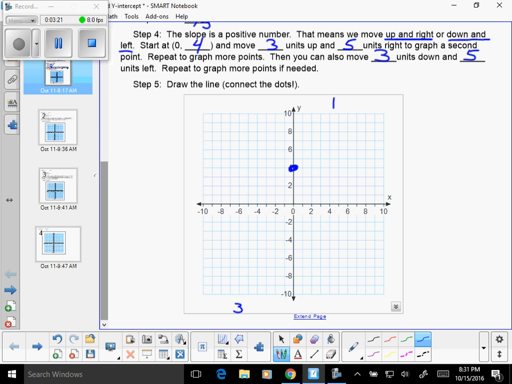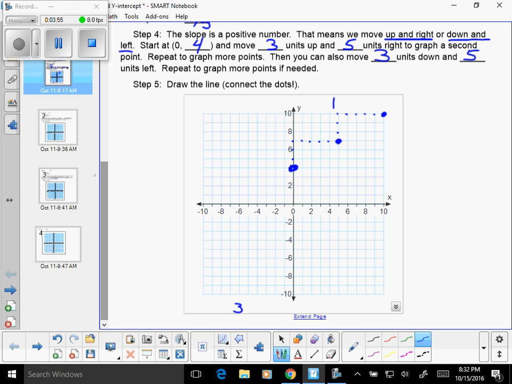I'm going to put little dots on this grid. We're going to go 1, 2, 3 up, and then we're going to move 1, 2, 3, 4, 5 to our right. And we can do it again. 1, 2, 3 up, 1, 2, 3, 4, 5 to the right.